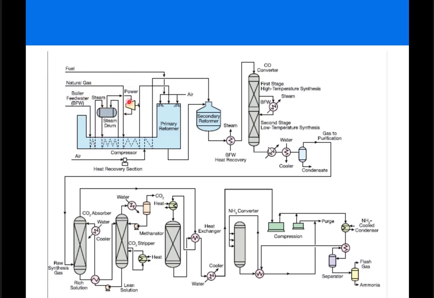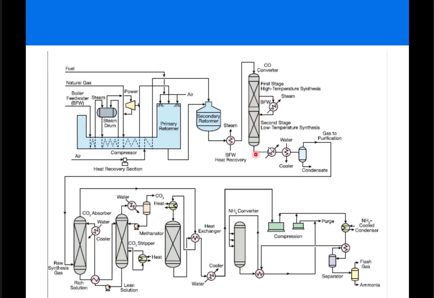So here is a more detailed flow chart for the process where the water is first converted to steam and then mixed with natural gas, then injected into a primary reformer to convert to carbon monoxide and hydrogen. On the other hand, air is fractionated to obtain nitrogen and then mixed with the primary reformer gas in a secondary reformer. The obtained gas mixture is then injected into a carbon monoxide converter with several stages to convert it to carbon dioxide.